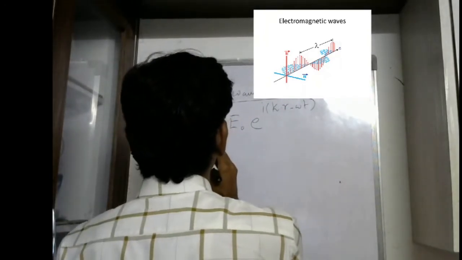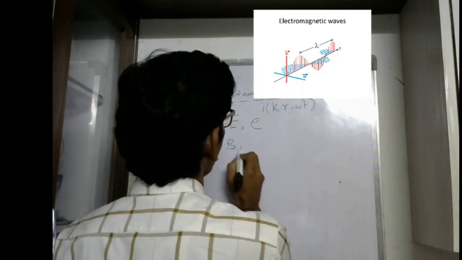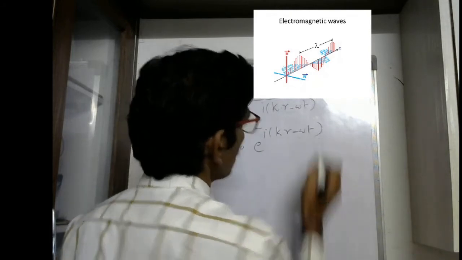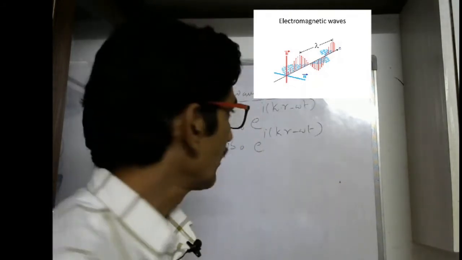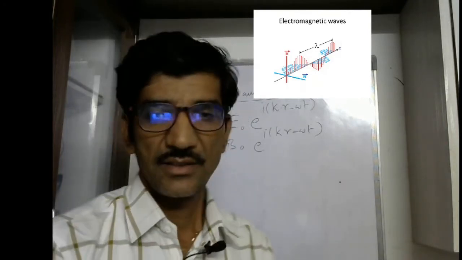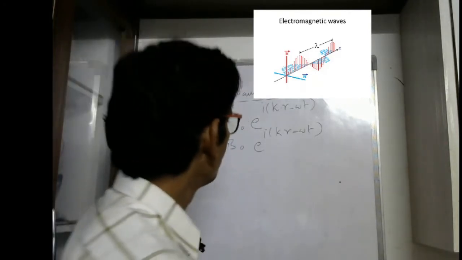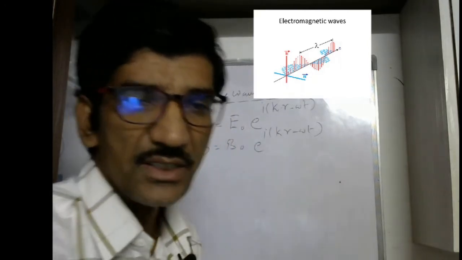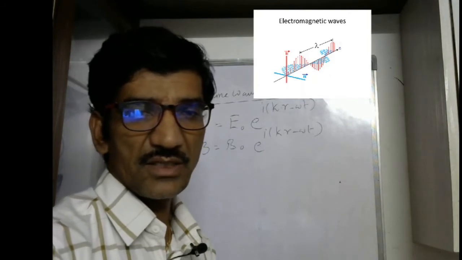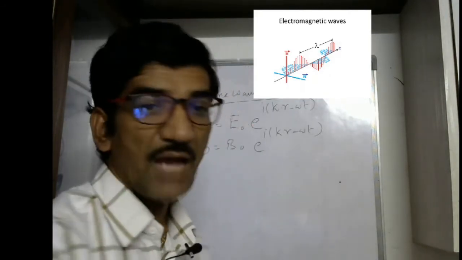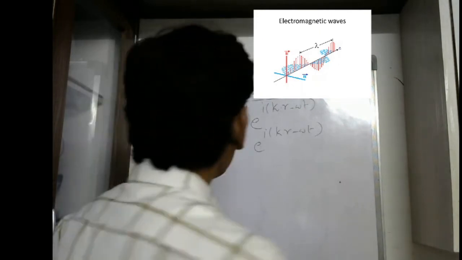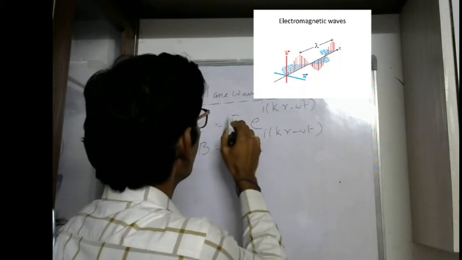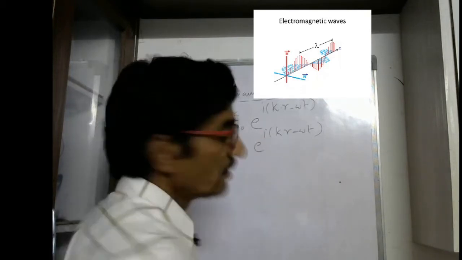For the magnetic field you have B naught e to the power of i(k dot r minus omega t). Here E naught and B naught are the amplitudes. These are the complex solutions.